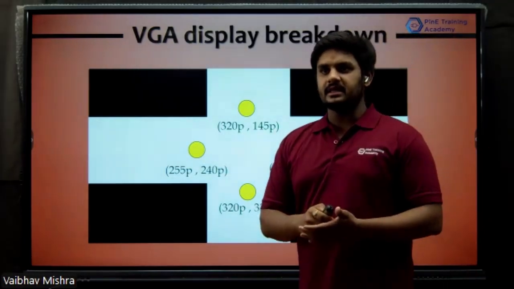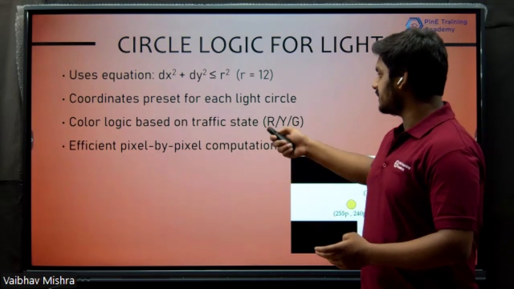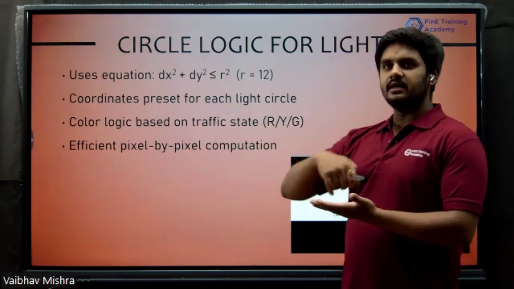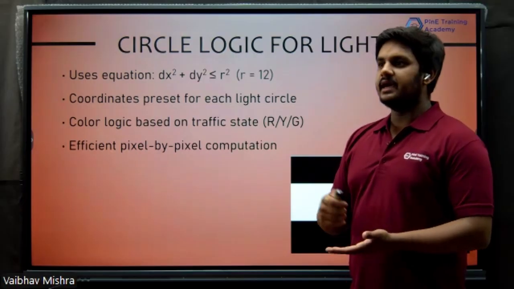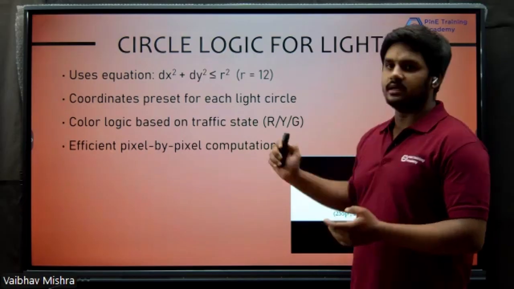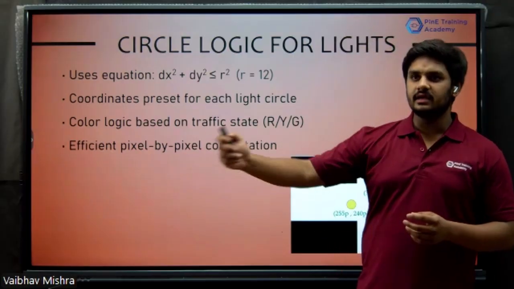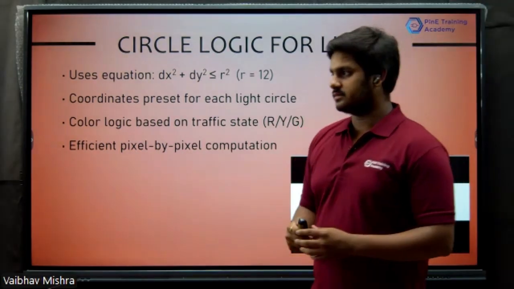For every pixel that is part of a circle, if the state is green, it will last for 20 seconds, and then yellow for 5 seconds. If the circle is in rest mode, it will show the red color. Then Ayushi will explain the further slides.